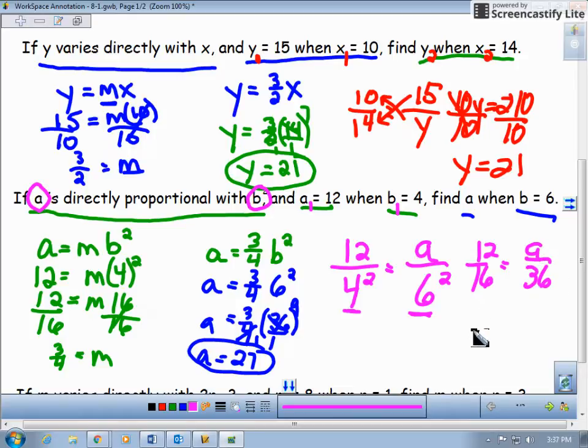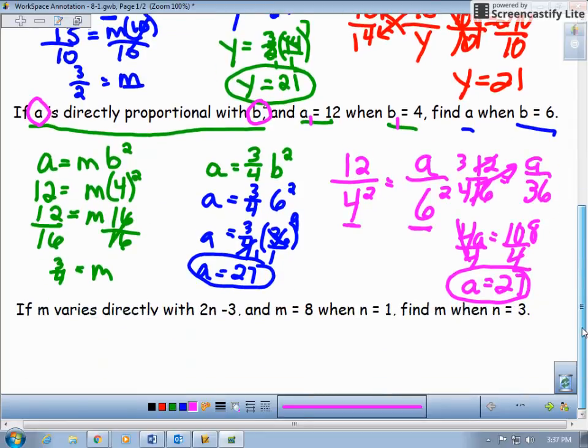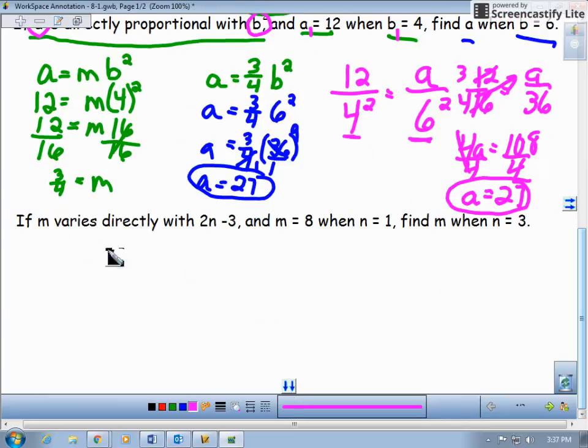I can simplify 12 over 16, which really is my constant of variation here, 3/4. So when I cross multiply, I get 4a equals 3 times 36, which is 108. Divide by 4, and magically enough, I get a is 27. So two different ways to look at that, guys, is to either do the constant of variation or just set up a proportion.